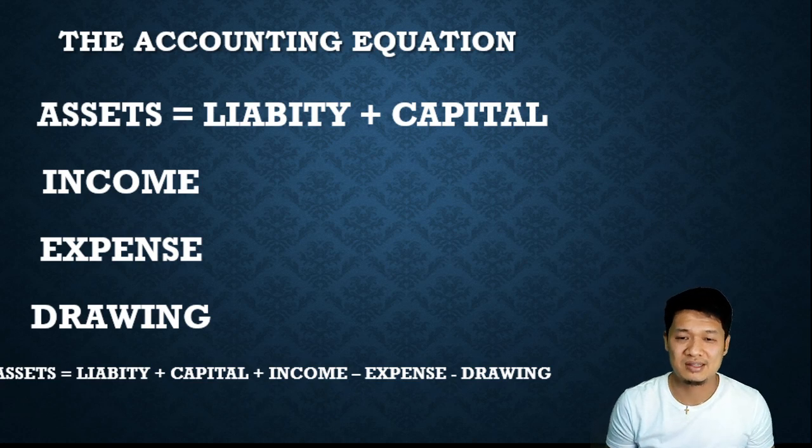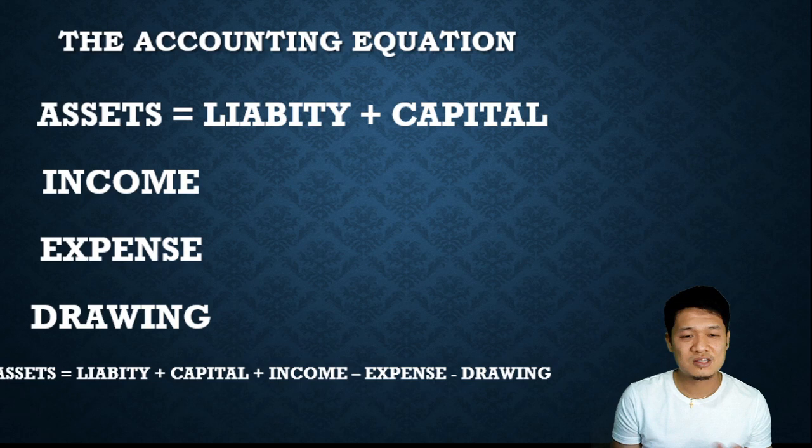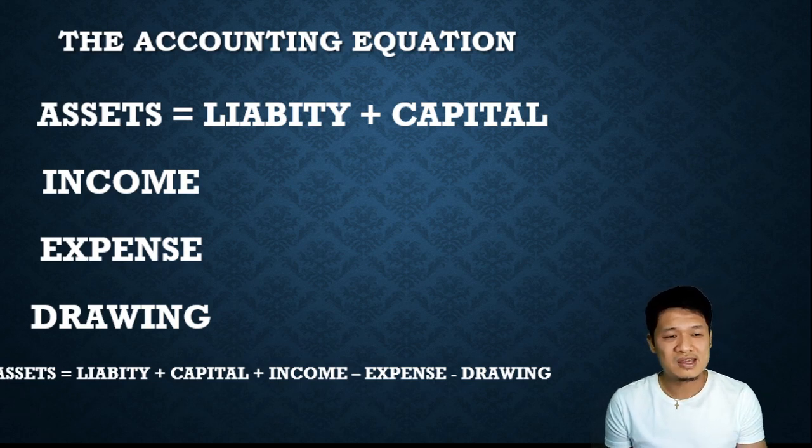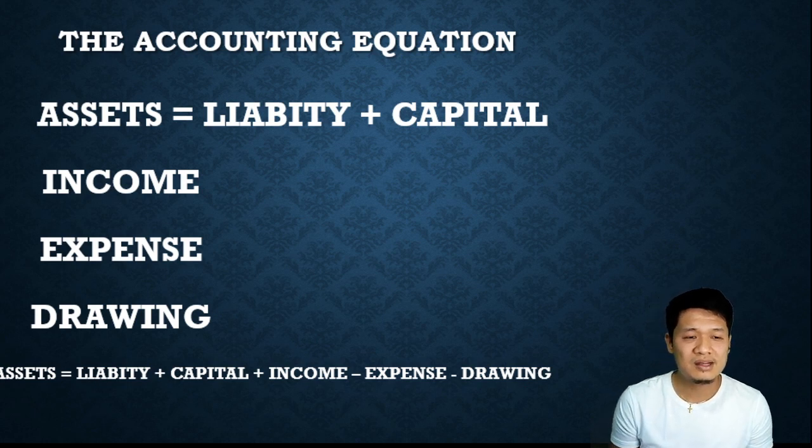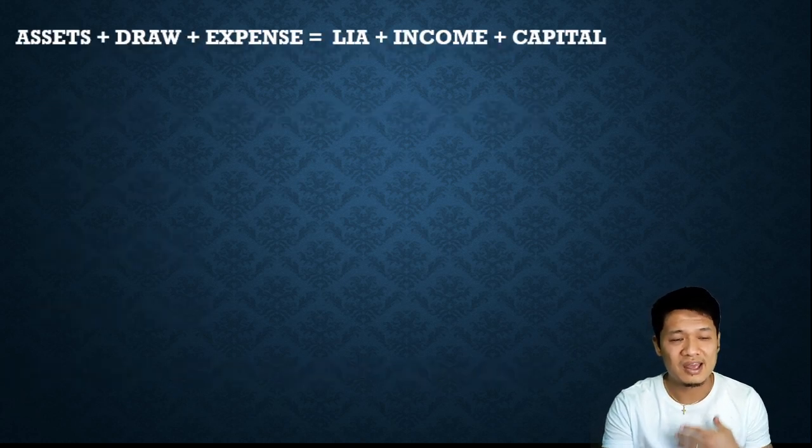para maging positive sila. So, in this case, ililipat lang natin si expense and drawing, magiging kasama siya ni asset, and ang matitira na lang sa right side will be liability, capital, and income. Ito yung magiging itsura ngayon ng ating expanded accounting equation.